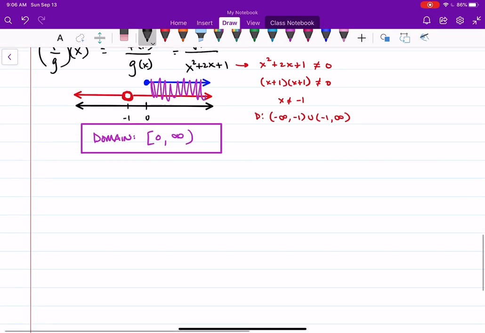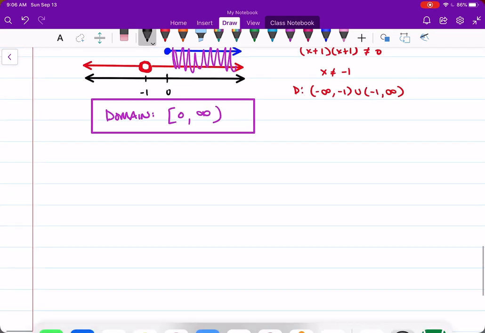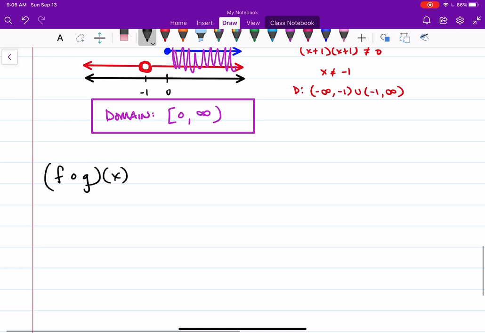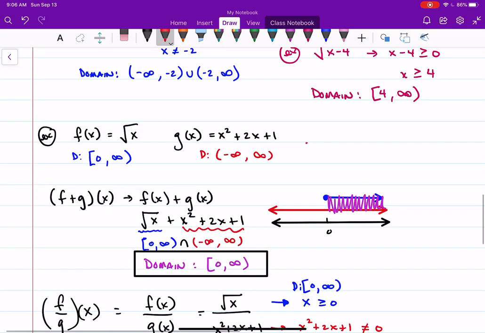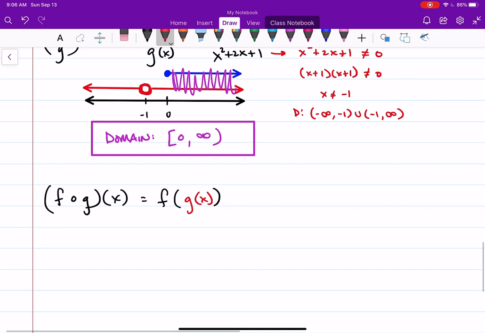So I did two of the combinations. Let's do composite. So let's say I have f dot g of x, right? Which is the same as saying f of g of x. In other words, what's g of x? Well, g of x I already know: x squared plus 2x plus 1. So that's exactly what I'm going to plug in there.